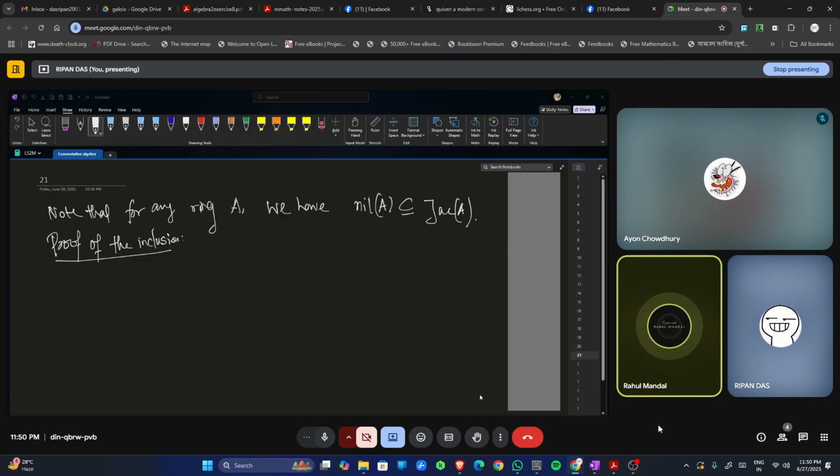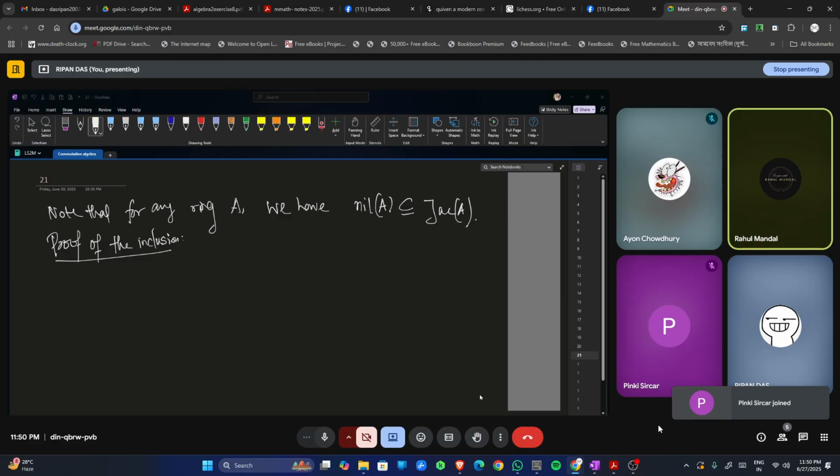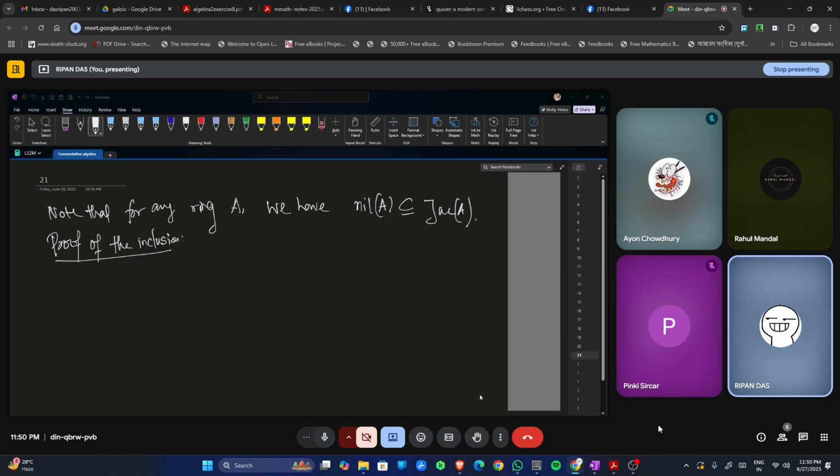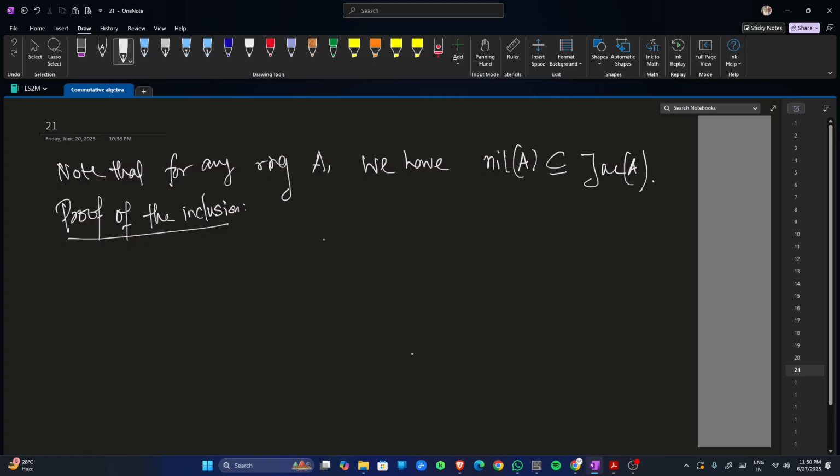Taking the intersection, the intersection of all P in spec A is contained in the intersection of all M in max spec A. You are saying that a larger collection gives a smaller intersection. Yes, but then you have to prove it set theoretically. Okay, that's fine, but we need to prove it more rigorously.